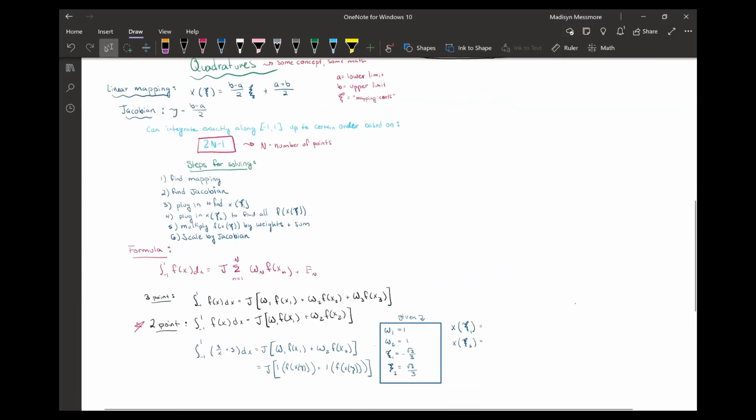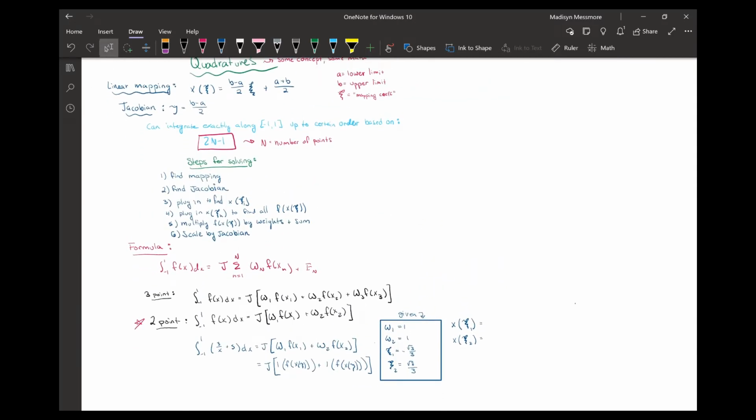Okay, so back up to this. Our mapping is b minus a over 2. So we said that's 2 over 2 is 1. So it's xi plus 2, right? Yeah. 4 over 2 is 2. So in this case, that's like that.